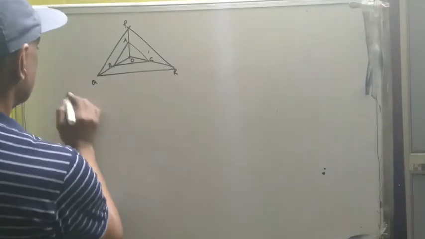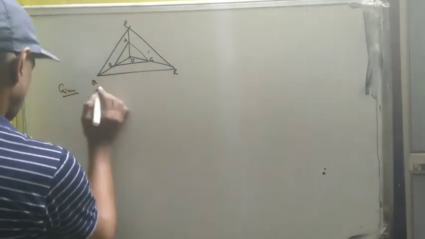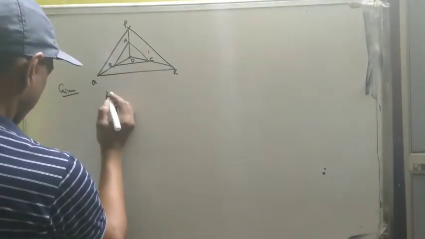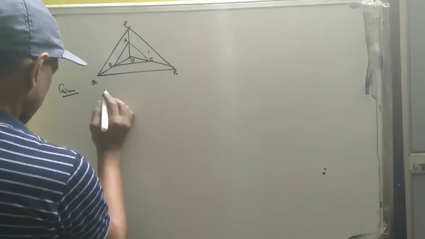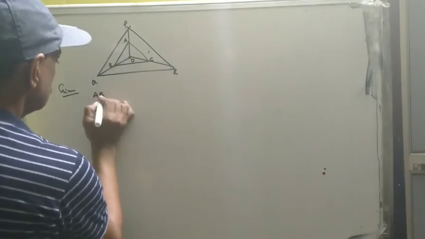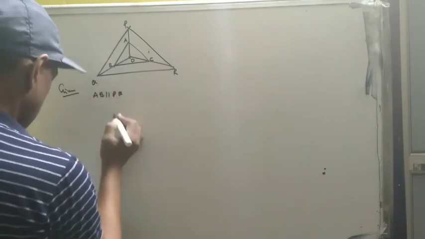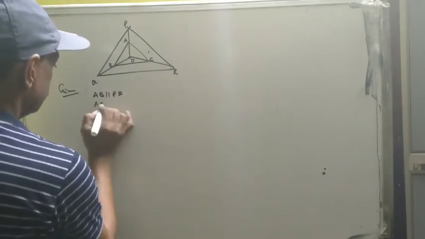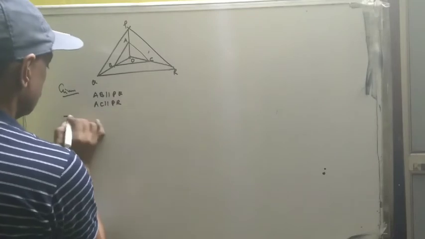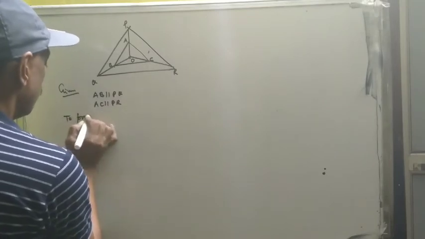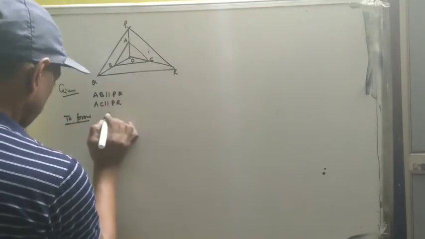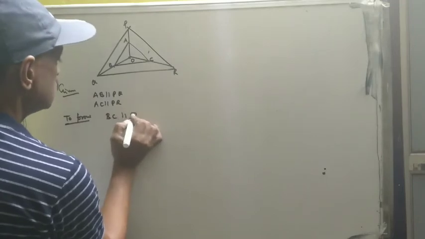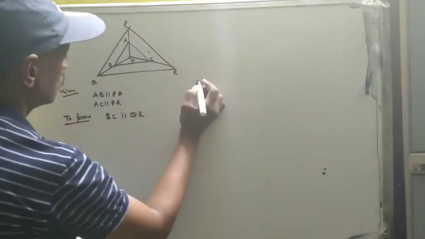Now the given in the question is that AB is parallel to PQ, AC is parallel to PR. To prove DC parallel to QR. Now see.